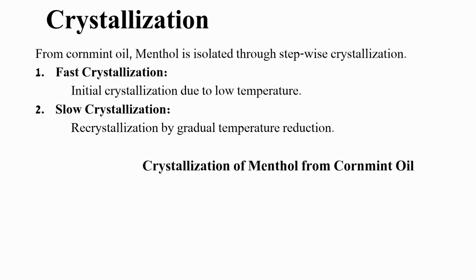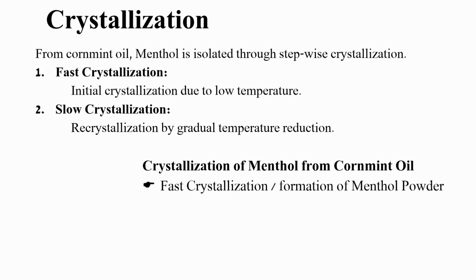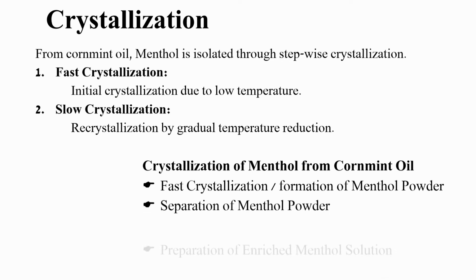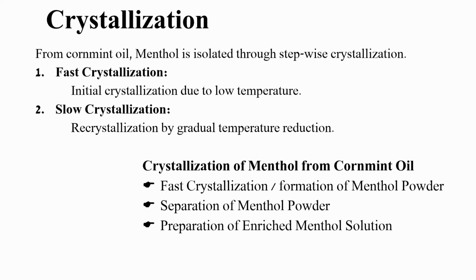The entire process of crystallization of menthol from cornmint oil can be studied under the following headings: fast crystallization for the formation of menthol powder, separation of menthol powder, preparation of enriched menthol solution, and slow crystallization.